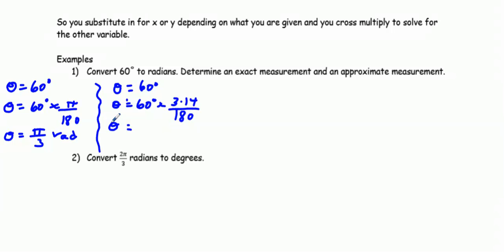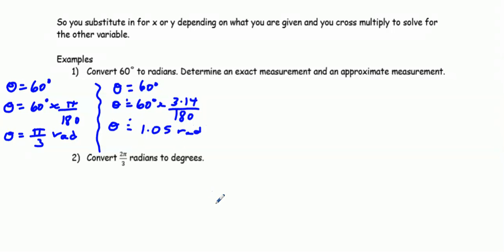Try that again. 60 times 3.14 divided by 180. 1.05. So this is going to be approximately 1.05 radians.